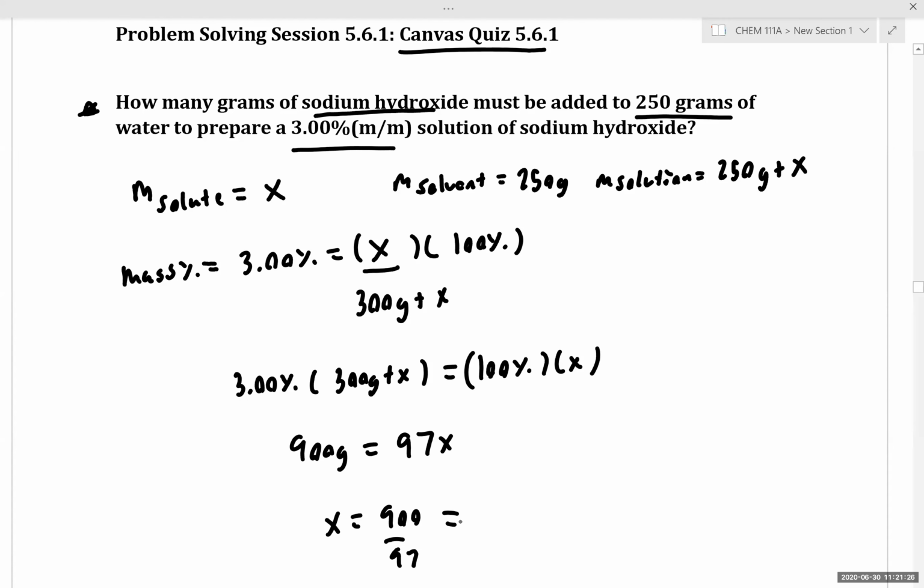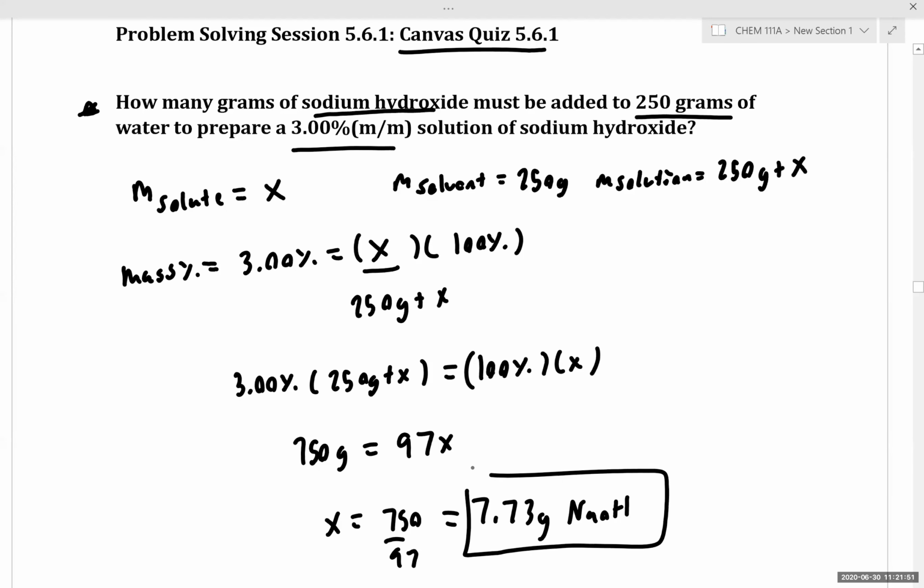Oh, I don't know why I wrote 300. This is 250. I think I'm thinking of another problem variant that's popping up on the homework. So this should be 750 grams. Yep. So we have 750 over 97, which gives us a value of x of 7.73 grams of sodium hydroxide.